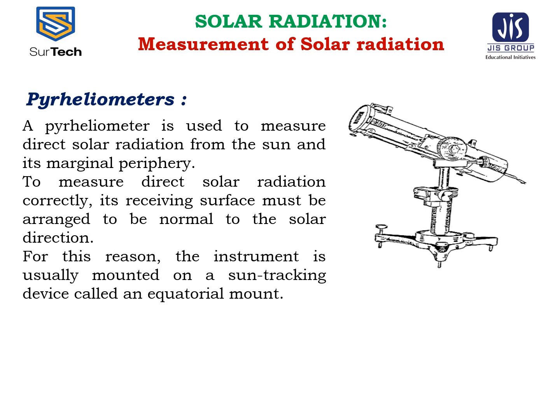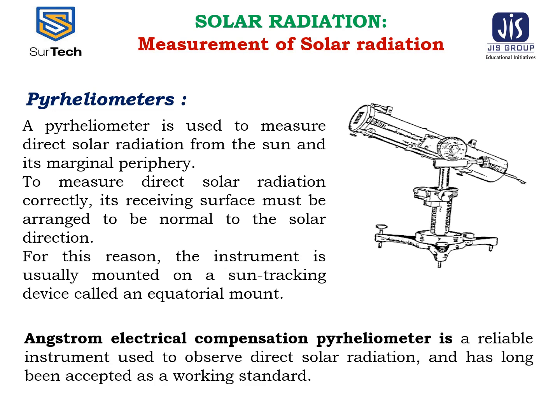For this reason, the instrument is usually mounted on a sun tracking device called an equatorial mount. The Angstrom electrical compensation pyrheliometer is a reliable instrument used to observe the direct solar radiation and has long been accepted as a working standard.